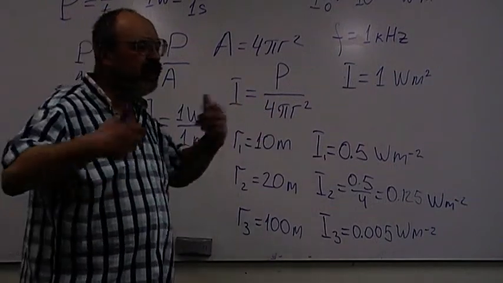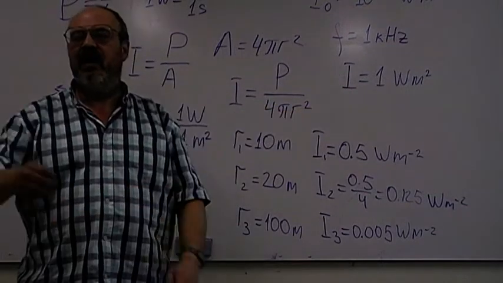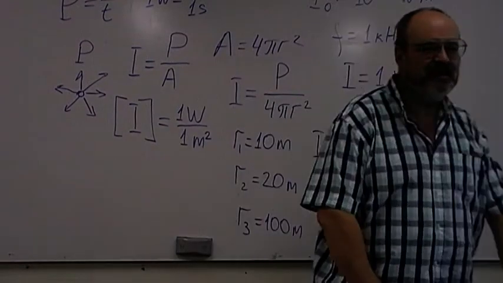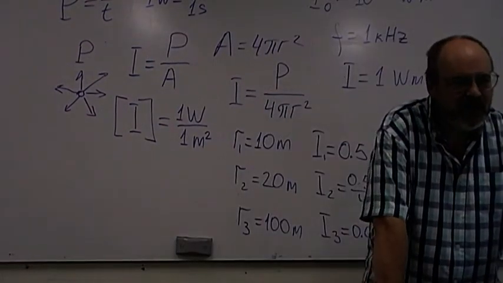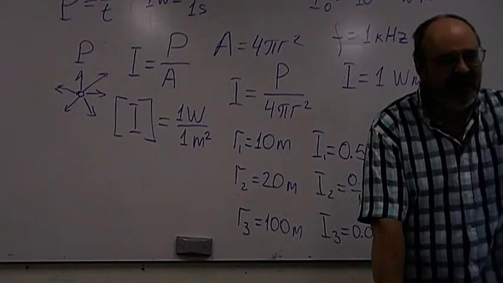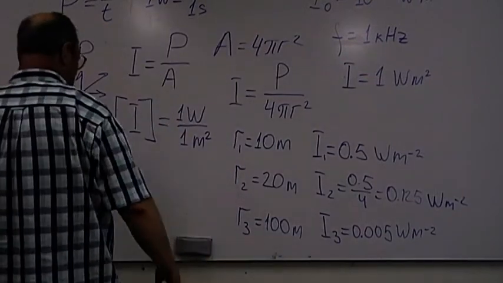When we're dealing with some quantity that has such a huge range, what type of scale is used? People who do mathematics should be able to answer this question. Logarithmic scale, yes. Logarithmic scale.